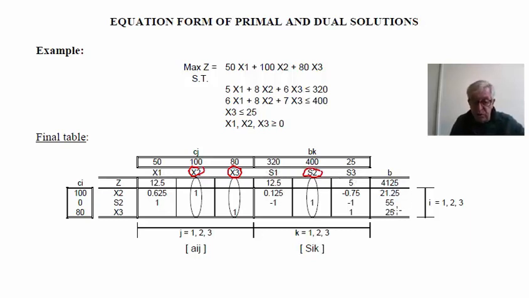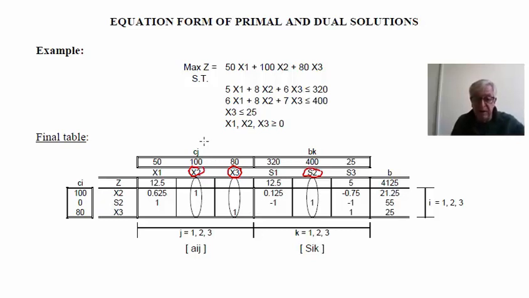So the solution is provided here on the right, and we include in this final table additional information. So this information is included here in order to illustrate the process of evaluating some properties related with the final table. So we divide the table in two parts.